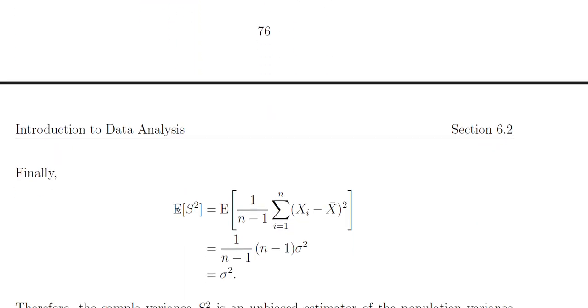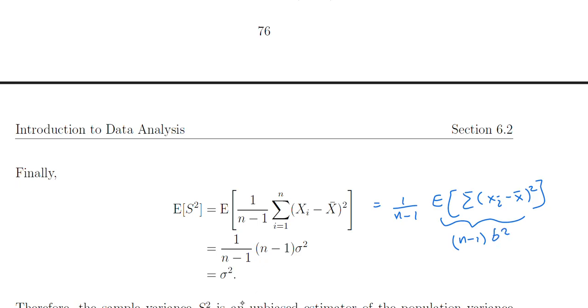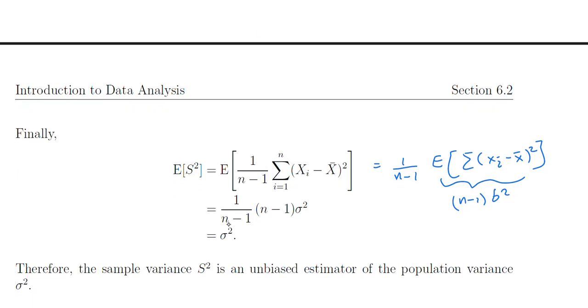What we really need is the expected value of s squared, which by definition is this. Since expected value is a linear operator, we can pull out this constant term and say that it is equal to the expected value of the sum of xi minus x bar squared. And earlier we learned that this term is n minus 1 times sigma squared. So the n minus 1 and the n minus 1 in the denominator cancel out and give us sigma squared.